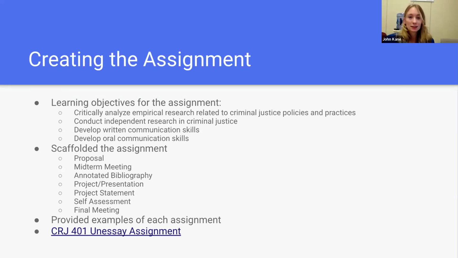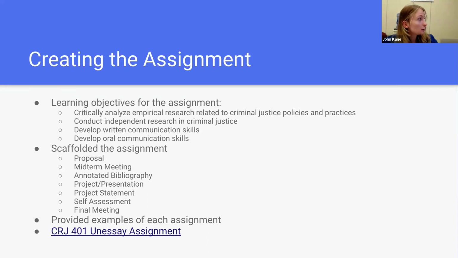Following their presentations, they submitted a project statement, which helped them connect their project outcomes with the learning objectives for the course. It also gave us some space to talk about the research that they'd conducted and how their projects exemplified that research or pushed that literature in a new direction.